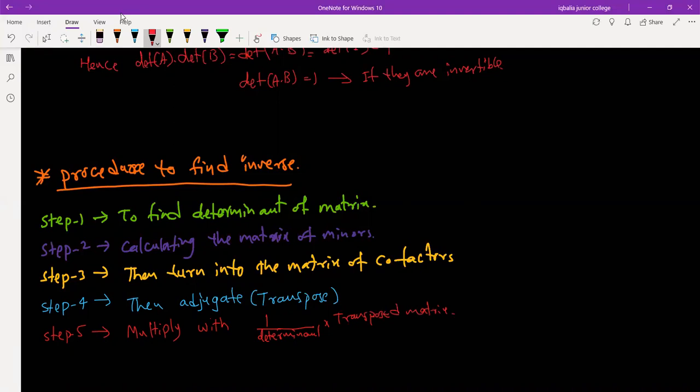Girls, these are the 5 steps to find the inverse of a matrix.